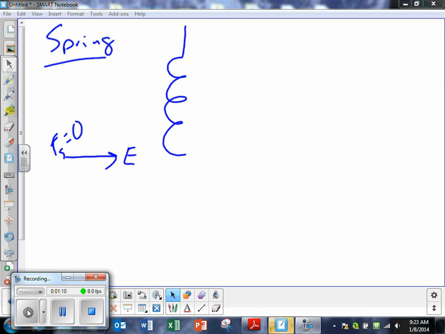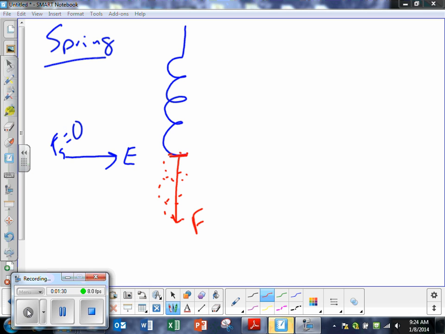Okay, so as we apply a force to the spring in a downward direction, we can stretch it, so we could say the spring is stretched down to there. At that point, we have a force that the spring must be putting on, right?